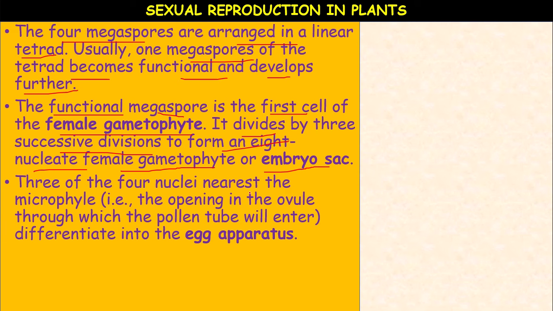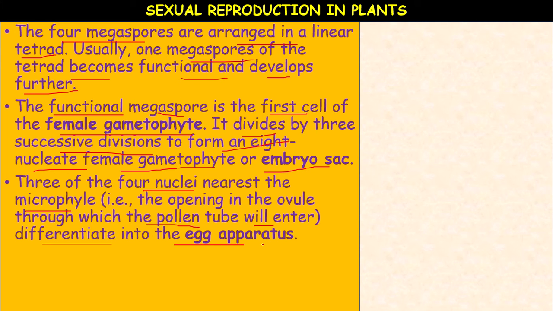The 3 of the 4 nuclei nearest to the micropyle, the opening in the ovule through which the pollen tube will enter, differentiate into the egg apparatus, which contains the egg.